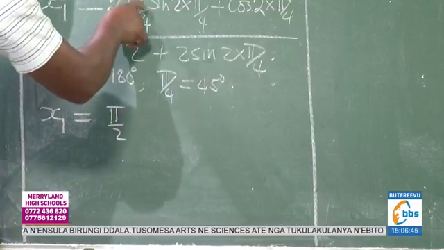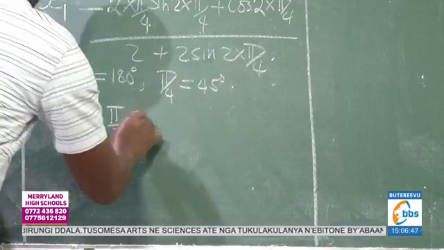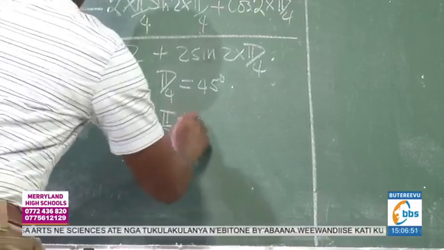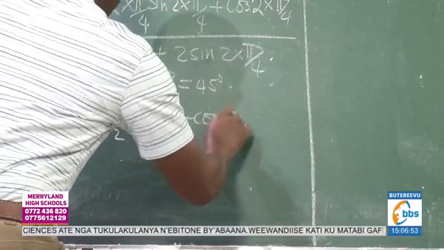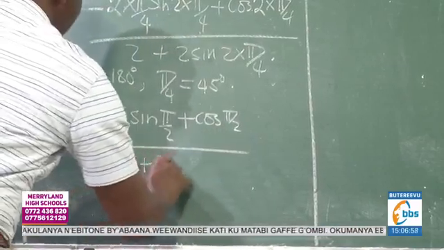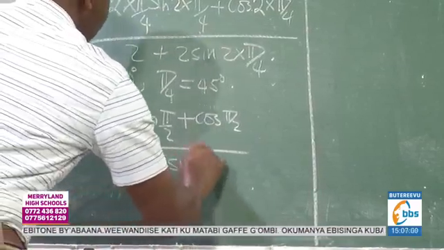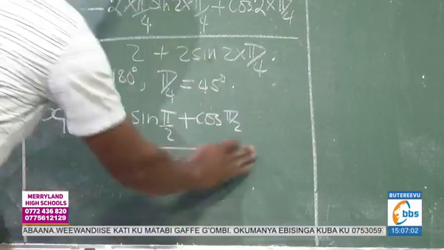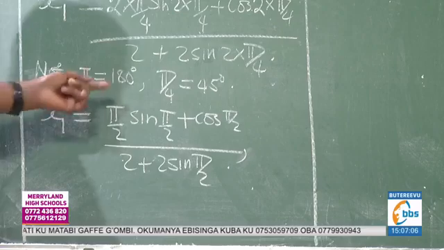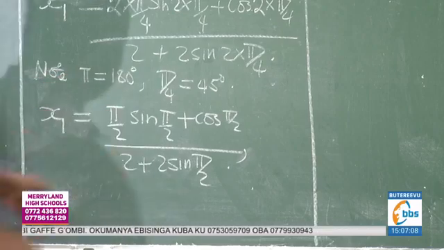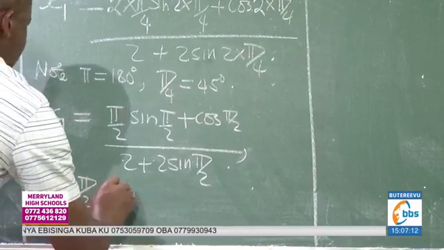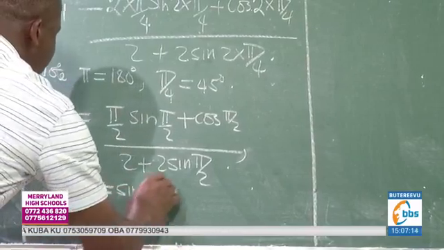2 times pi over 4 will give us a half. The sine of pi over 2 again, plus the cos of pi over 2, all over 2 plus 2 the sine of pi over 2. At this stage, if you are using a calculator and you feed in pi as 180, that means that the sine of pi over 2 is the same as the sine of 90 degrees.